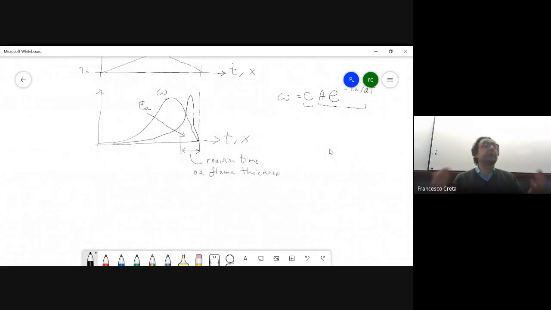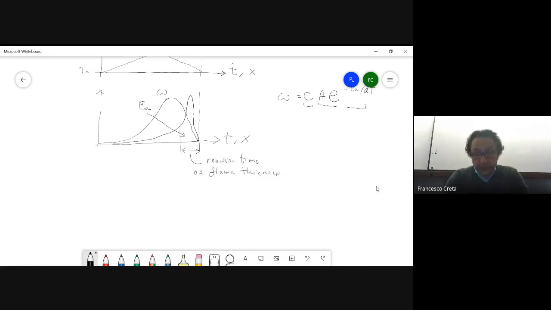Other factors will intervene in a flame, like diffusivity, but generally speaking, most of the role is played by the main actor, the reaction rate. And I told you why it's increasing and decreasing: because eventually C is 0.